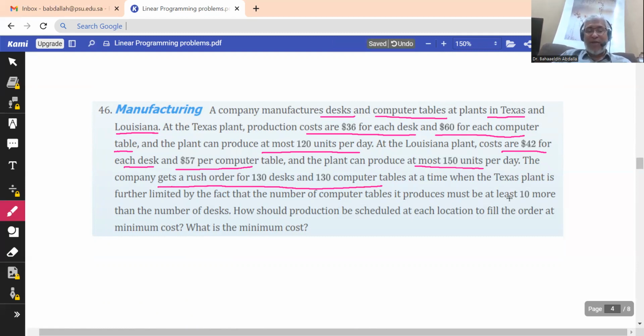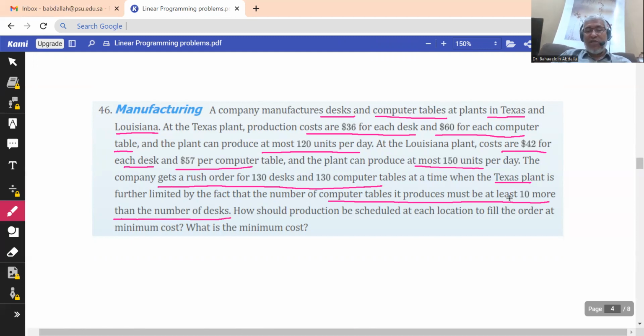So we need to manufacture 130 desks and 130 computer tables, when the Texas plant is further limited. So there is also a limitation for the Texas plant: the number of computer tables it produces must be at least 10 more than the number of desks.